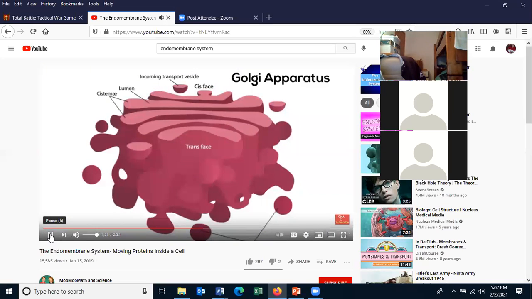The receiving side of the Golgi apparatus is called the cis face. The opposite side is called the trans face. The transport vesicles that formed at the ER travel to the cis face, fuse with it, and empty their contents into the Golgi apparatus. As the proteins and lipids travel through the Golgi apparatus, they undergo further modifications that allow them to be sorted.